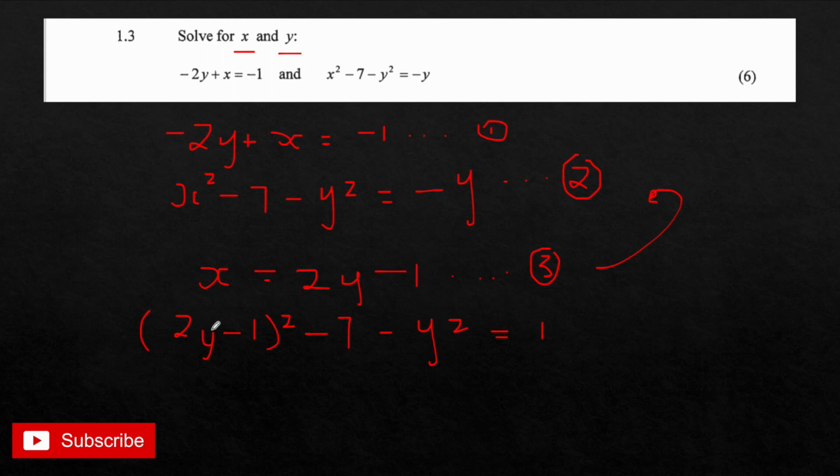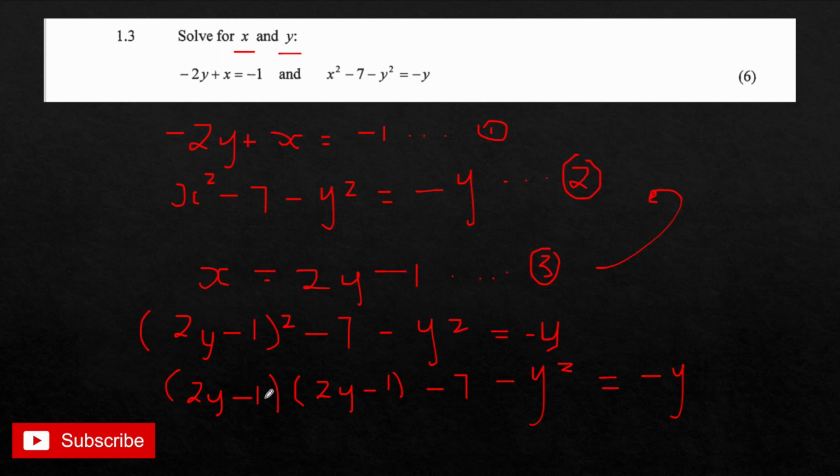When I expand this, it will be 2y minus 1 and then 2y minus 1, minus 7 minus y squared is equal to minus y.